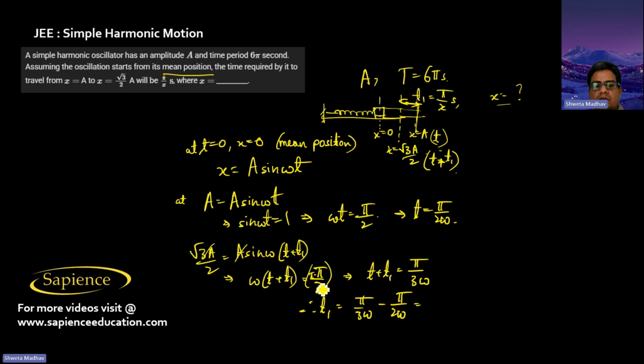So 2 pi by 3 omega minus pi by 2 omega. Taking the LCM, it is 6 omega, and 3 twos are 6, so 4 pi minus 2 threes are 6, it is 3 pi. So t1 is equal to pi by 6 omega.